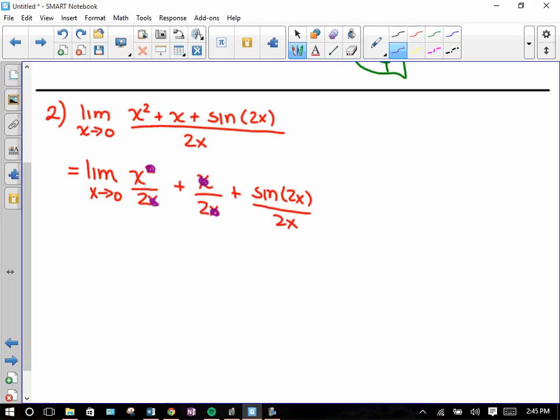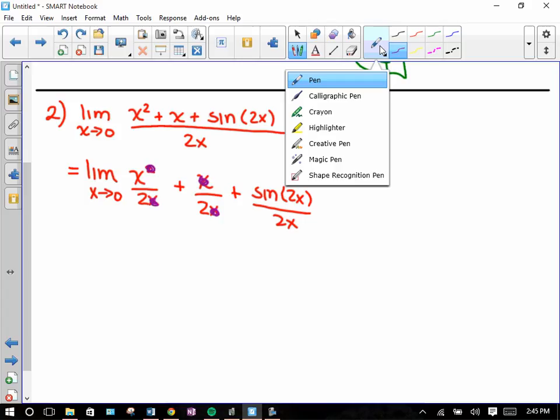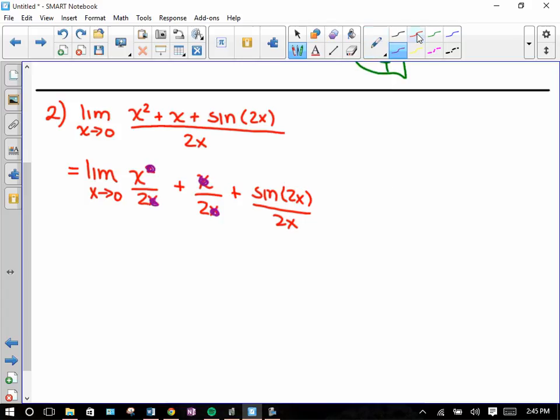So now I have that this is equal to the limit as x approaches 0 of x over 2 plus 1 over 2 plus sine 2x divided by 2x.